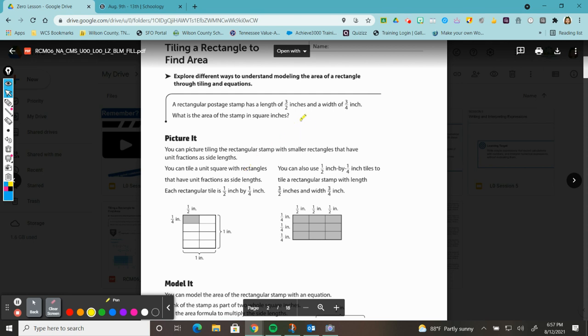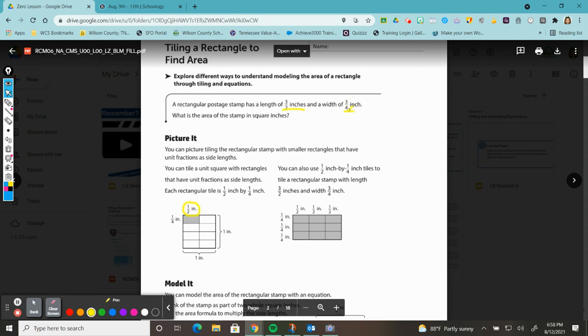So with this particular problem where we're talking about 3/2 and 3/4, again, we want to look at our denominators. Our denominator for 3/2 is 2. So our units would be halves. So if we had one of those, that would be 1/2.